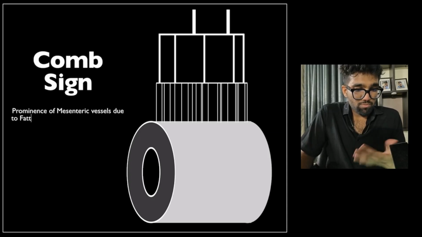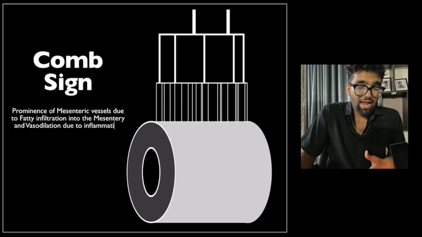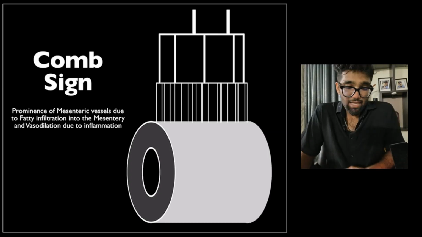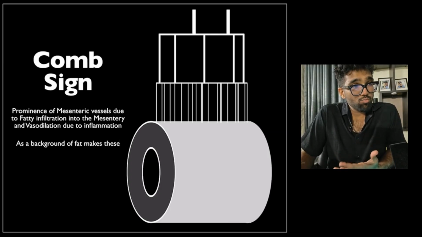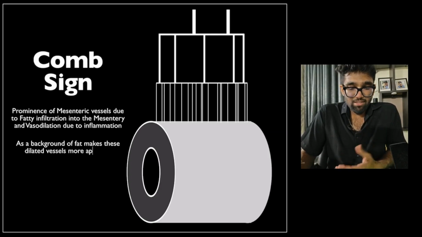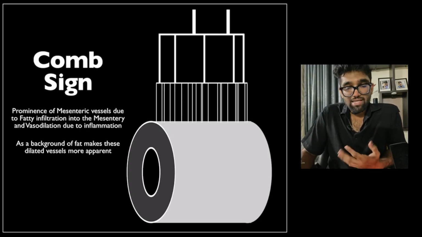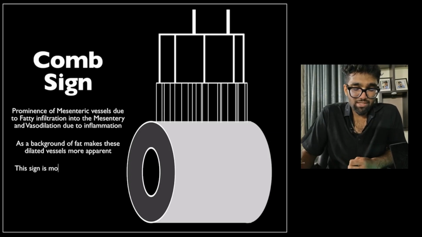So there's a prominence of mesenteric vessels, and this is due to fatty infiltration into the mesentery and inflammation-related vasodilation. It's not due to edema in the mesentery, because edema in the mesentery actually makes the mesentery less black in color. Now the thing is, as the background becomes more fatty, the dilated vessels become more prominent. So this usually indicates that there is vasodilation and a chronic inflammation causing fat metaplasia in that area.